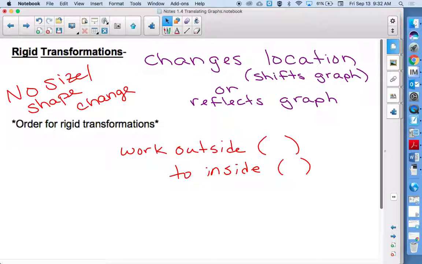And PEMDAS, multiplication, comes first. And then addition or subtraction go next. So you're working from the outside. If there's a negative outside, we're applying that negative first. And then you kind of look inside. So a negative is really multiplying your x's by a -1 or multiplying your y's by a -1. PEMDAS, order of operation, says that goes first.